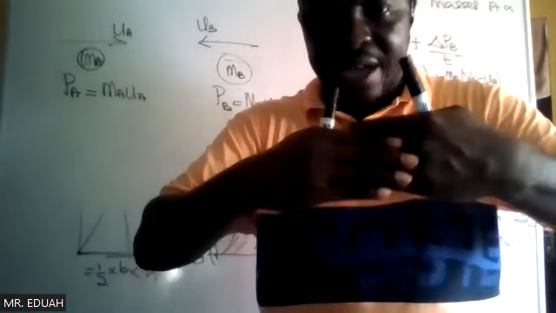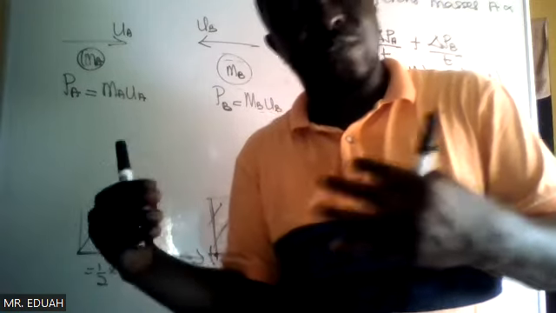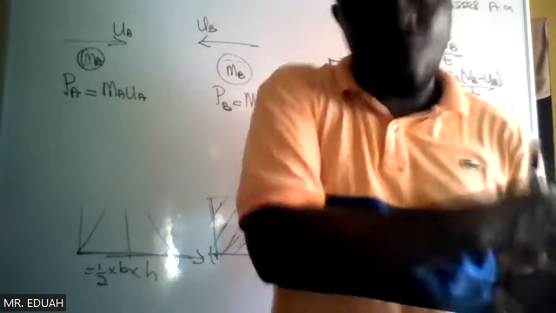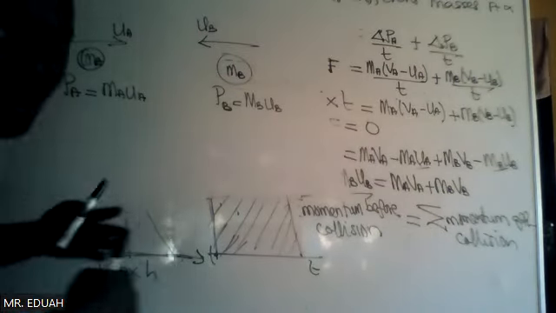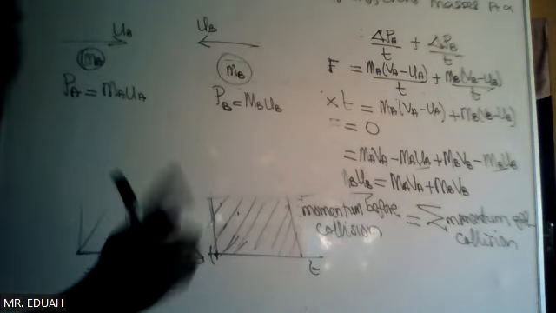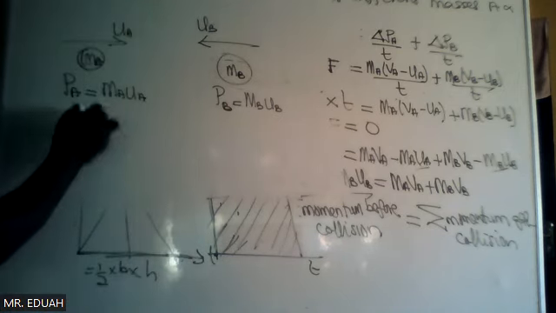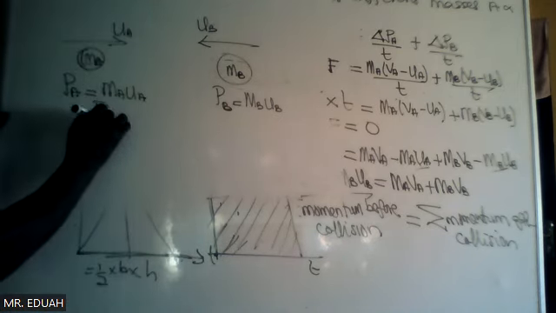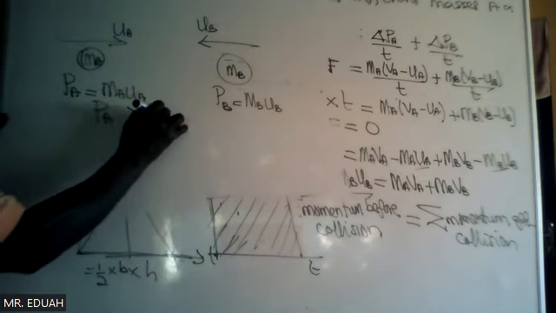When they interact, the resultant force is always in the direction of the larger force. In the same way, when two bodies collide or interact, the resultant momentum is always in the direction of the larger momentum. So let's assume that PA, the momentum of A, is greater than the momentum of B.